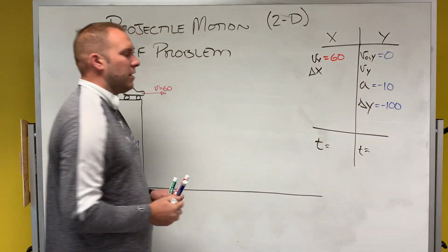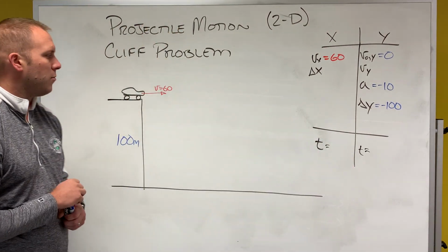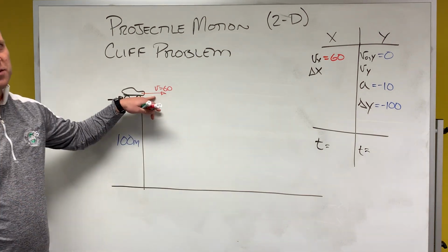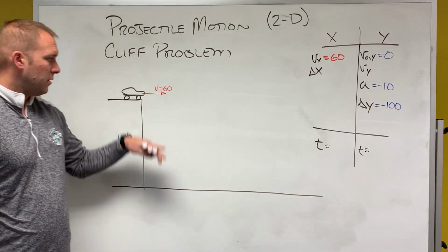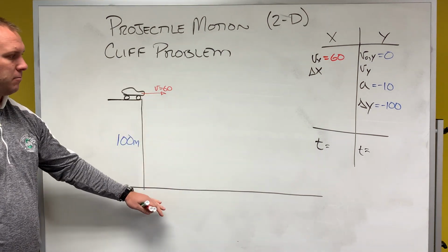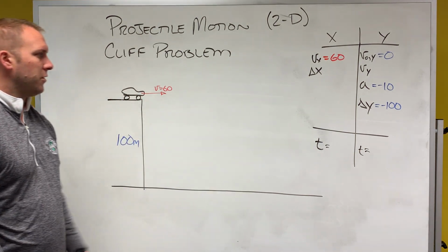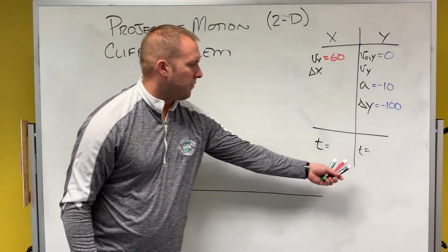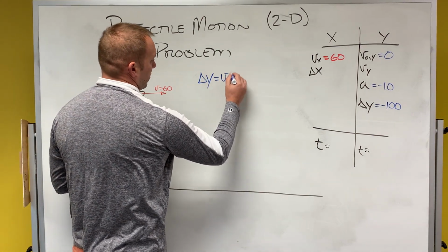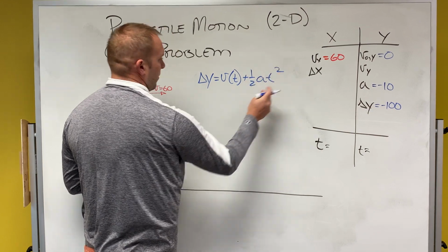Now again, we draw it down there because time is the one thing that I can take back and forth between x and y motions. So the first thing I can imagine is, let's imagine this car isn't actually being launched off the cliff. It's just falling straight down, right? Because that time of just falling straight down is going to be the same as it launching off the cliff. So we can solve for time first. To do that, I'm going to use delta y equals initial velocity times time plus 1/2 a t squared.